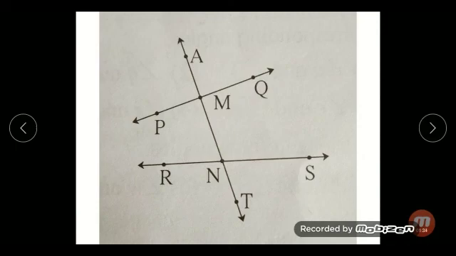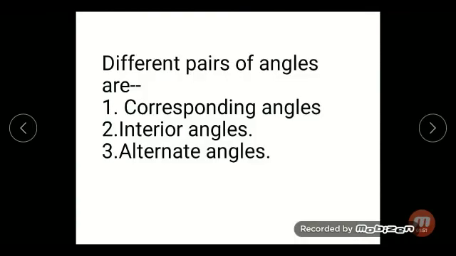Each of these angles has one arm on the transversal and the other arm on the given line. These angles are grouped in different pairs of angles. The different pairs of angles are corresponding angles, interior angles, and alternate angles.